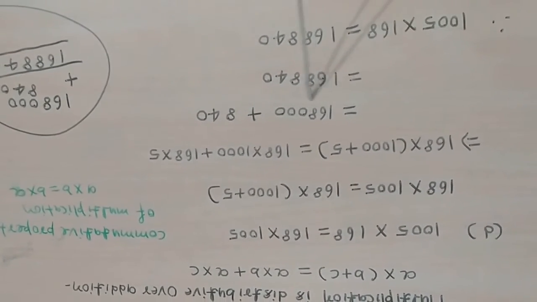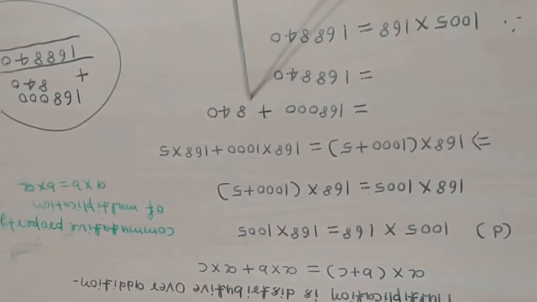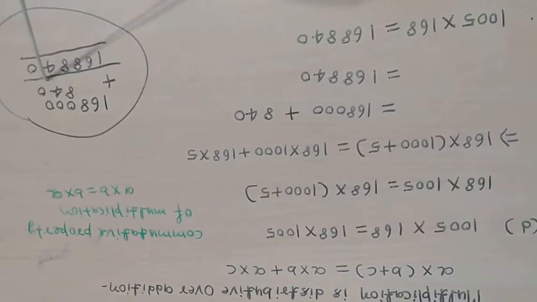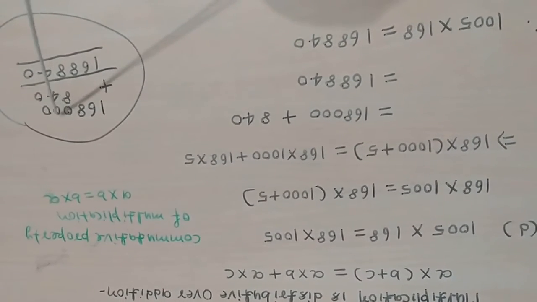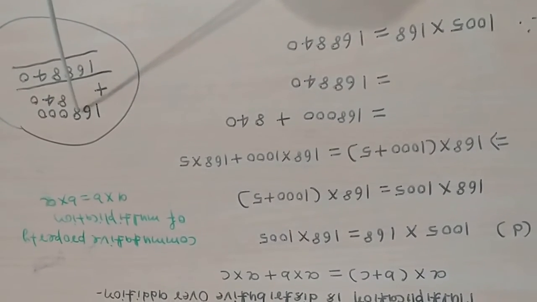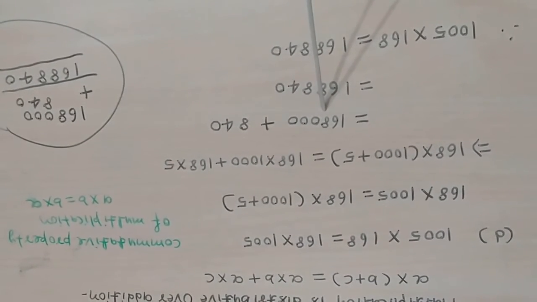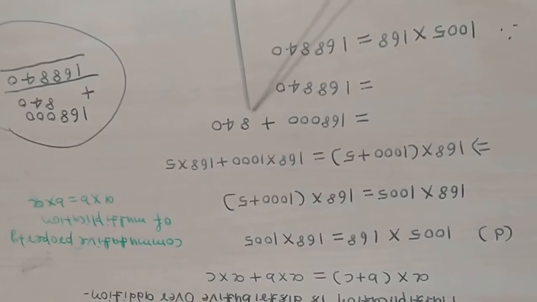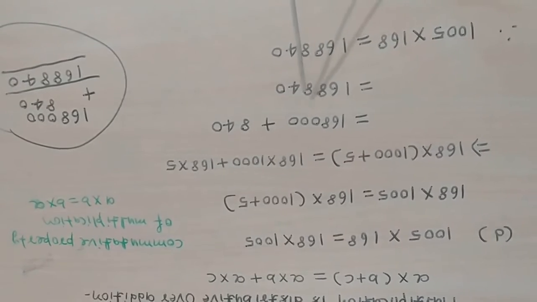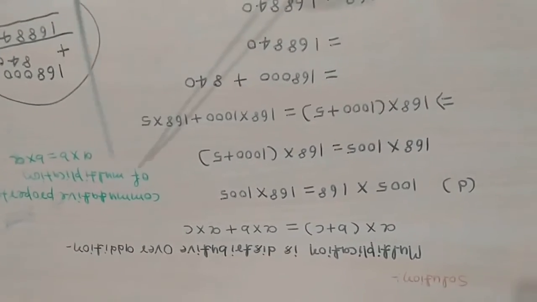Now the sum of this and this: 1,68,000 plus 840. So 0 plus 0 is 0, 0 plus 4 is 4, 0 plus 8 is 8, and 8, 6 and 1 we write as it is. So the sum of 1,68,000 plus 840 is 1,68,840.